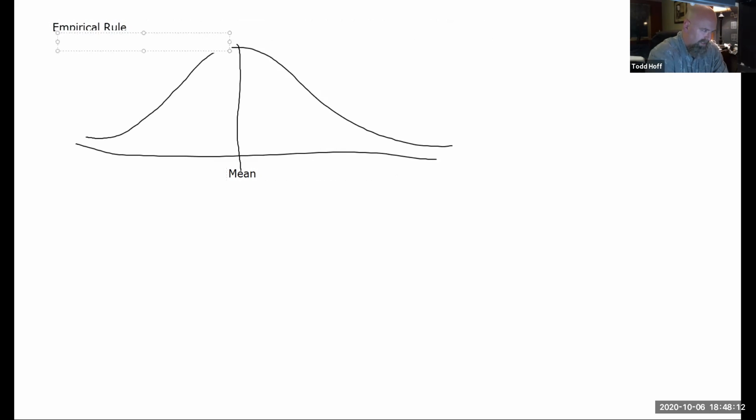Let's say we've got a data set that has a mean of 78, a standard deviation of, let's go, 7. So this middle here would be the 78, that mean. Well, we go out from that mean in steps of 1 standard deviation at a time.